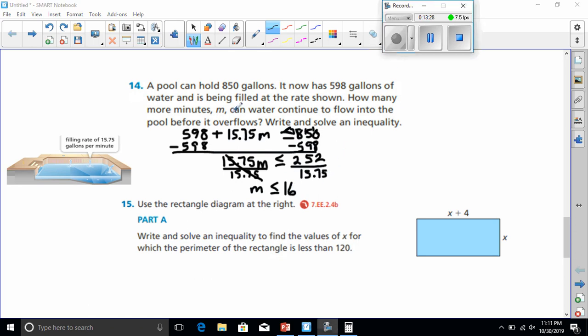Now looking at this as the answer for this question, it says how many more minutes can the water continue to flow into the pool before it overflows? So 16 more minutes, right? Actually, yep, 16 minutes or more. Let's write that correctly.